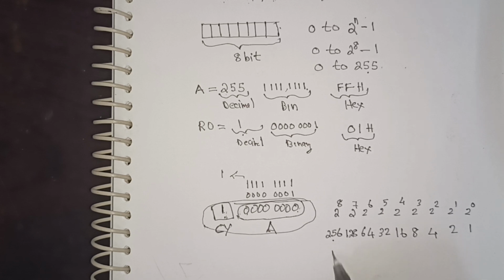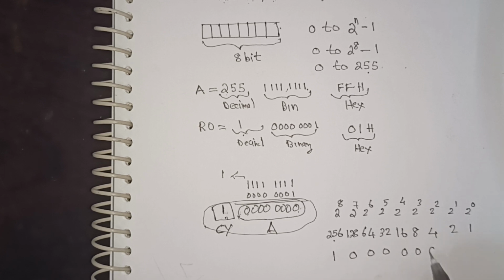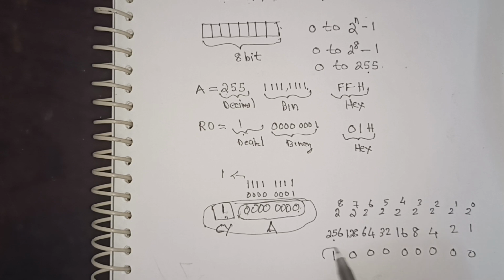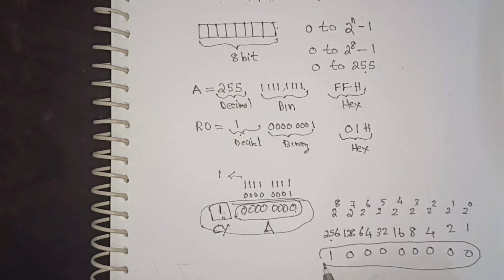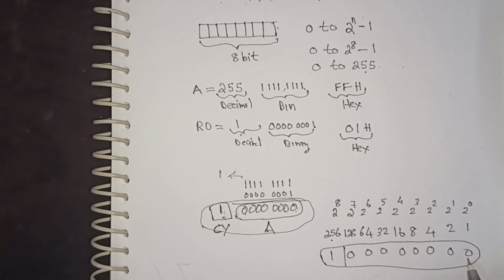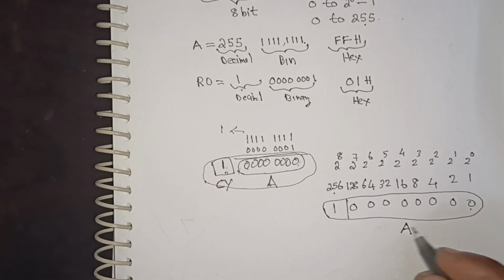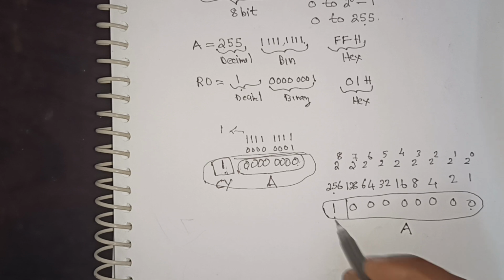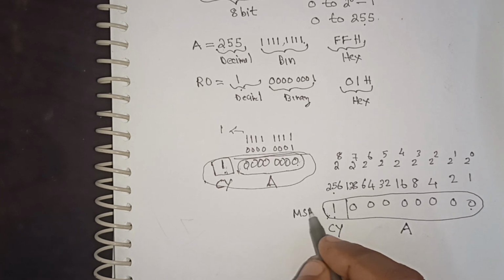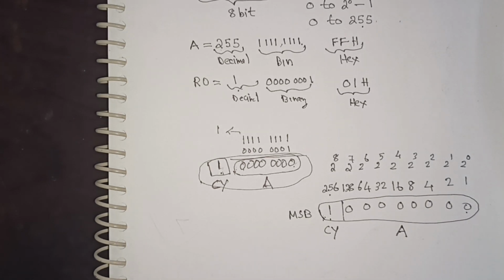So beneath that weight we put 1 and the rest we put zeros. This is the representation of 256, and this much part of our result is stored in which register? The accumulator, and the extra bit is stored in the carry flag. So the carry flag cannot be discarded because the carry flag is actually the MSB of our result. This is the significance of the carry flag.